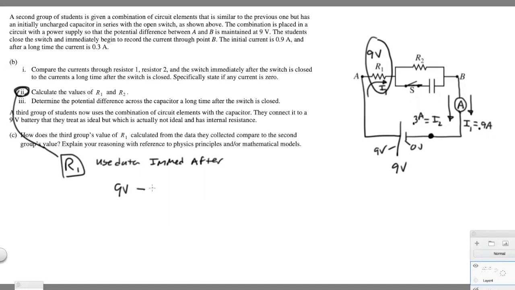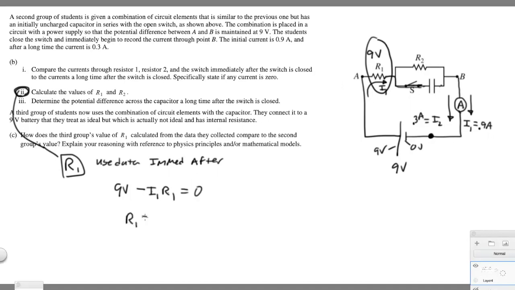So that's going to be minus I1 times R1, just using Ohm's law, delta V equals IR. So IR, that's the voltage across resistor 1. And then let's loop down across the capacitor. There is no voltage across the capacitor because there's no charge on it. Ammeters have 0 resistance. We're back to where we started. So this must equal 0.